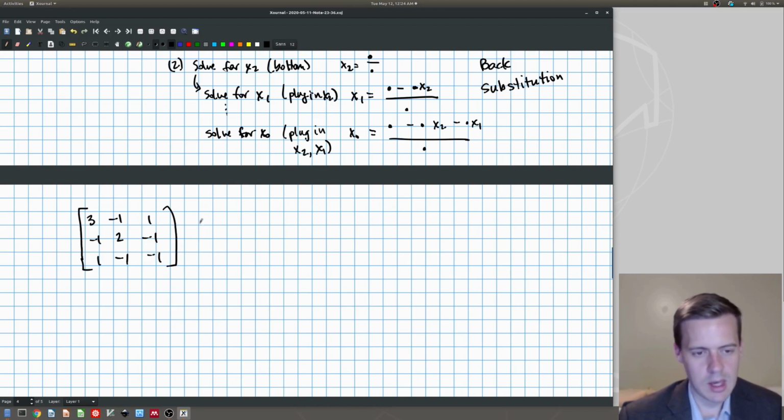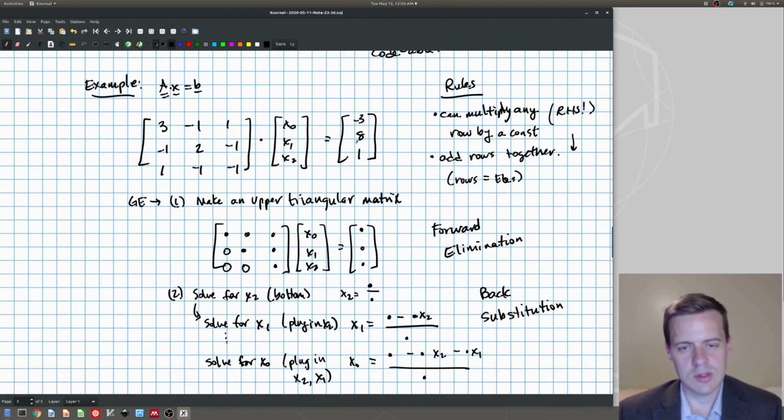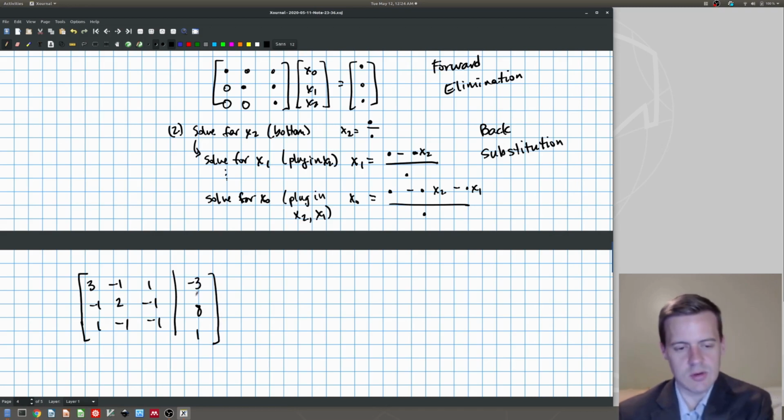And before I do that, I'm going to augment it with the term on the right-hand side over here. So minus 3, 8, 1.